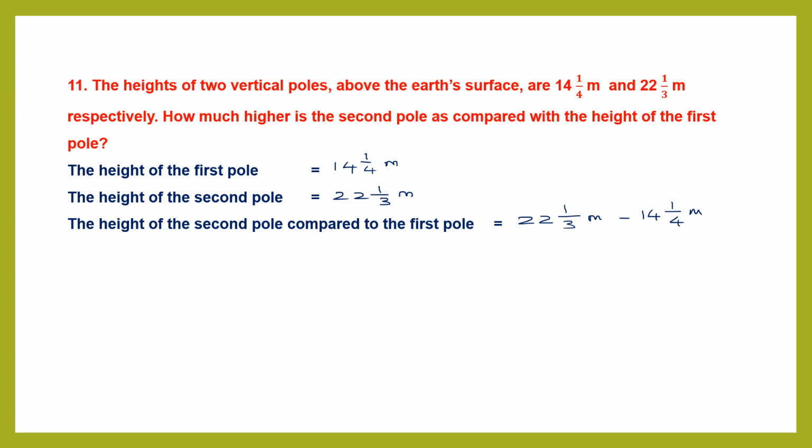So here we have 22 1 by 3 meters minus 14 1 by 4 meters. Let's convert this. 22 into 3 is 66 plus 1 is 67. So this is 67 by 3 meters minus, let's convert the other side. 14 4s are 56 plus 1 is 57. So 57 by 4 meters.